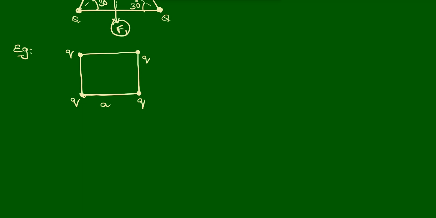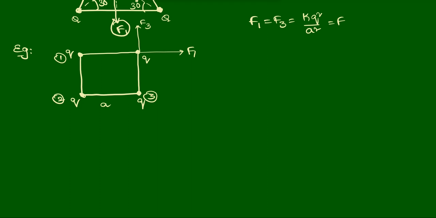What is the net force on the charge at any one corner? I'll assume this as first, second, third. On this fourth corner, the first one will exert a force in this direction, let that be F1, and 3 will exert a force in this direction, let that be F3. And as the side length is a, F1 and F3 will have the same magnitude, that is kq square by a square. I assume this as F.